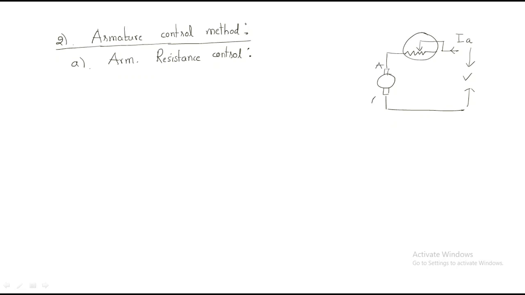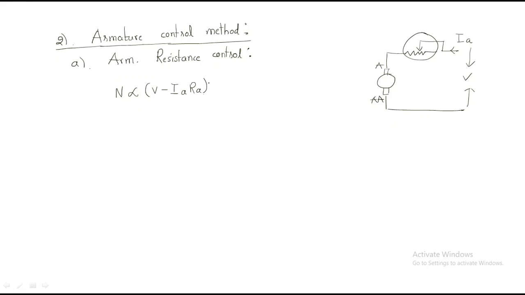This is the armature, right? Then what happened? Generally, the relation between the speed and the armature is V minus IA RA. Okay, if the resistance value increases, then what happened?